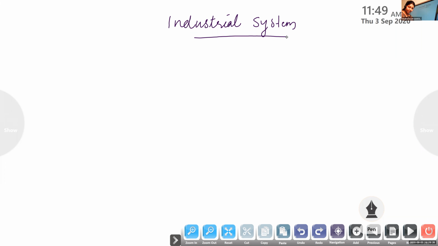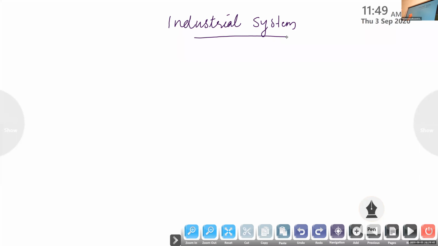Industrial system consists of three things. What are they? Farm system consists of three things. What are they? Inputs, process, and output.